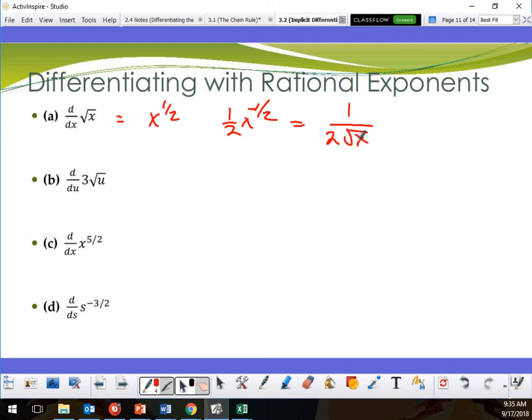I could rationalize, but I'm not going to. So this is rational. Okay, so let's jump down to C. That's going to give me 5/2 x to the 3/2, because when I subtract 1, I'm subtracting 2 over 2, right? And then that's it.